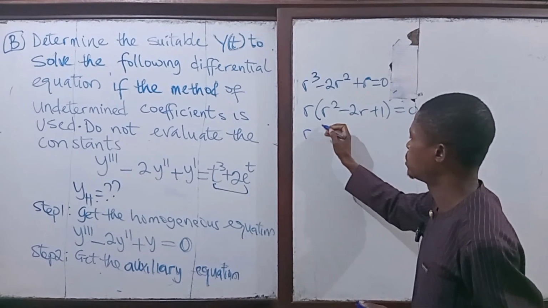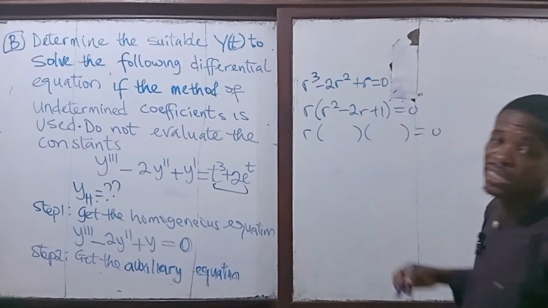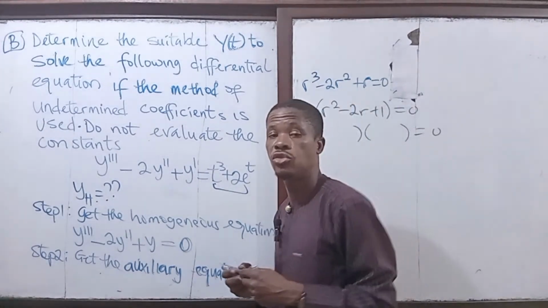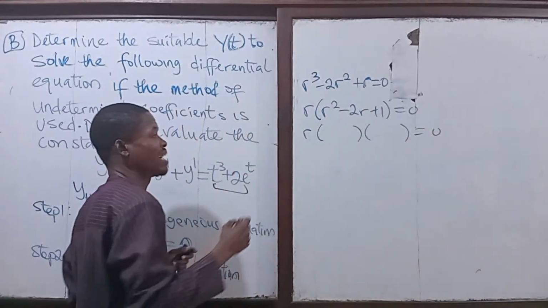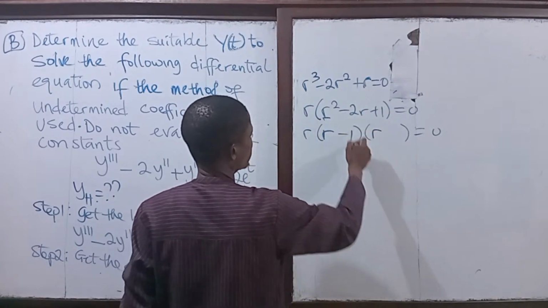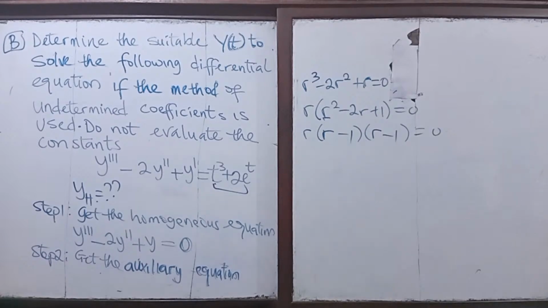Okay, and we can solve this one. The factors of 1 are only 1 and 1. How do we use 1 and 1 to generate the middle number? That will be minus 1, minus 1. And the moment you multiply -1 and -1, you're going to have plus 1.